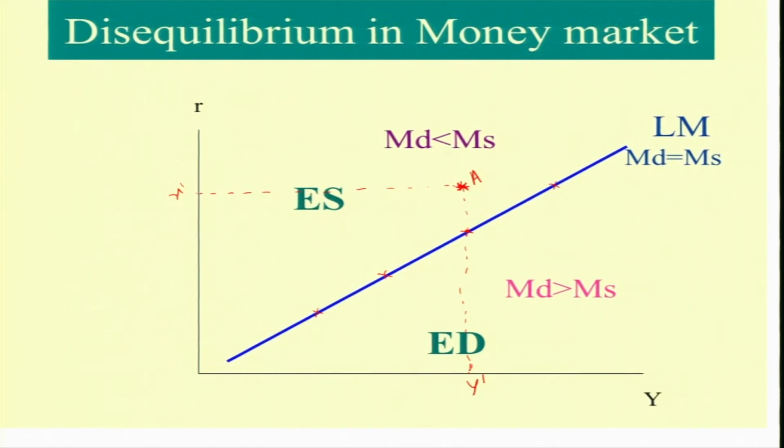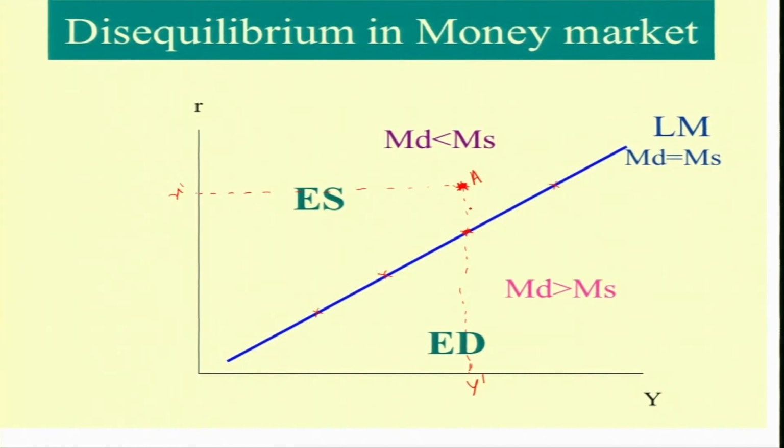You know why? Because at this point you can say that the equilibrium point should be here, but you can see that at this point money demand is less than money supply.